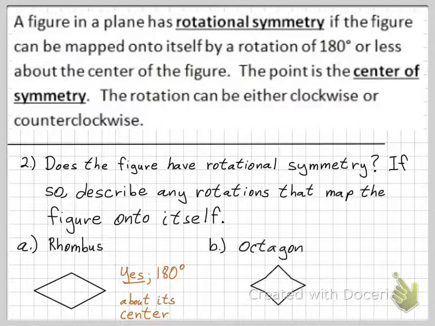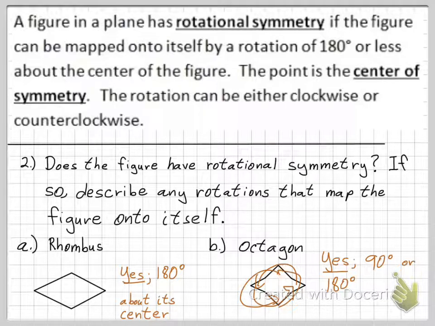Okay? And then the next figure is this beautiful octagon. Does it have rotational symmetry? The answer is yes. And so let's describe it. That would be at 90 degrees or 180 degrees. So if I took this figure and went all the way around here, and this one all the way around here, and of course this would go all the way to here, and that would go all the way to there, it would basically look like this figure yet again.